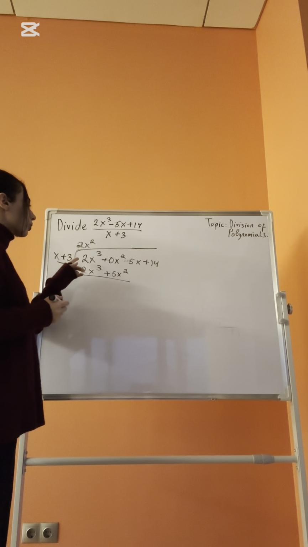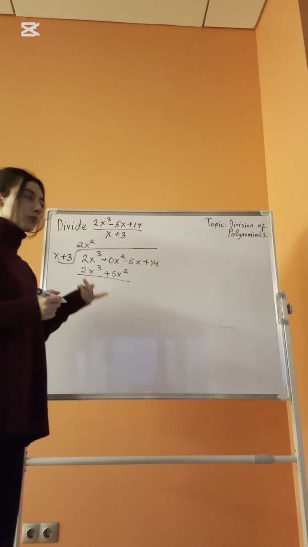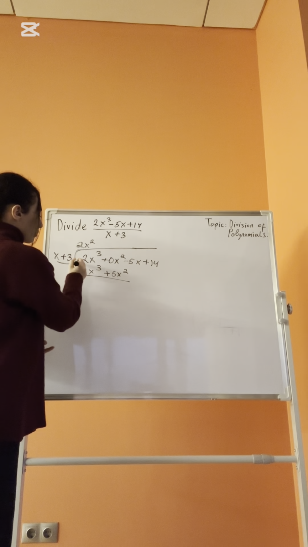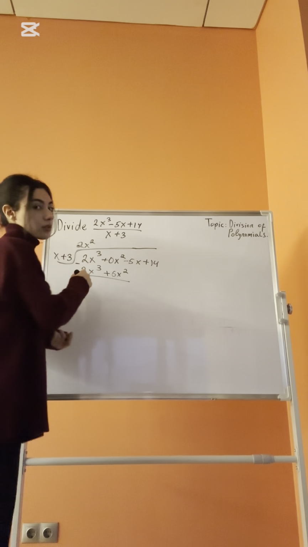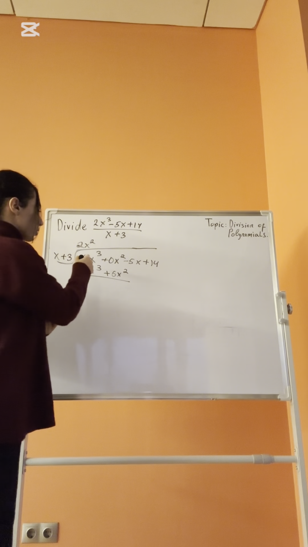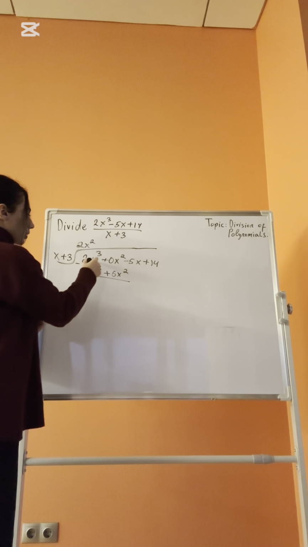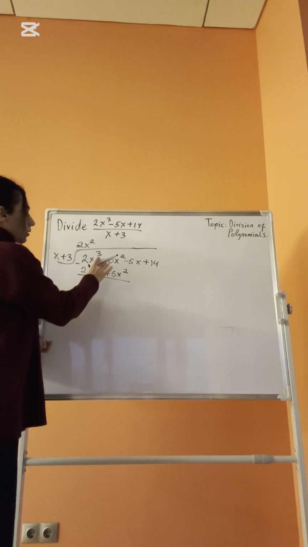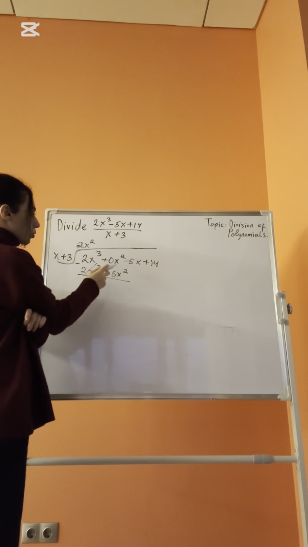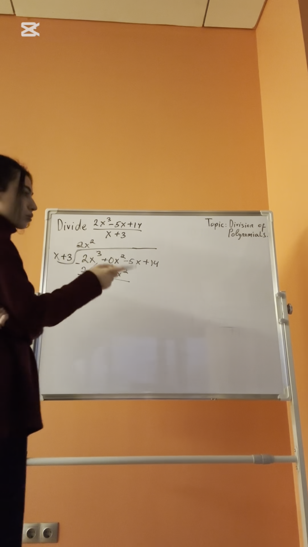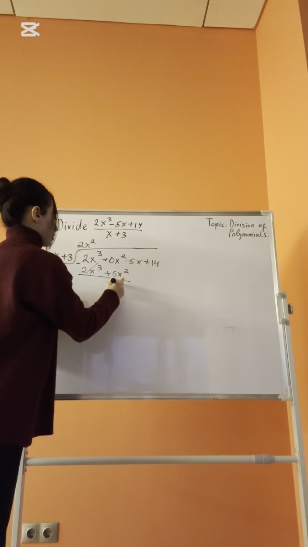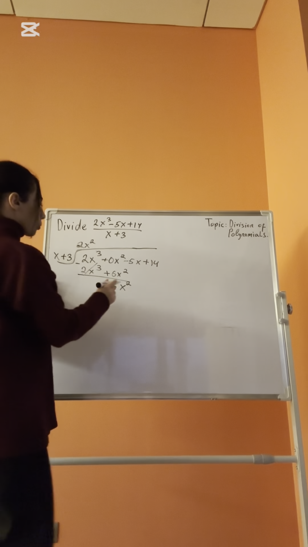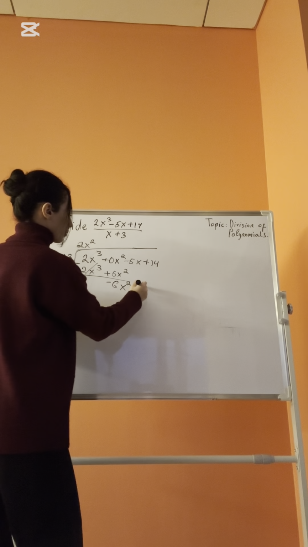We have to subtract this, what we got, from the original polynomial, so that they get cancelled out. So we do everything for the first term to get cancelled out. The second, we will get 0x to the power of 2 minus 6x to the power of 2. We will have minus 6x to the power of 2 as an answer. And then we will write the next, minus 5x.